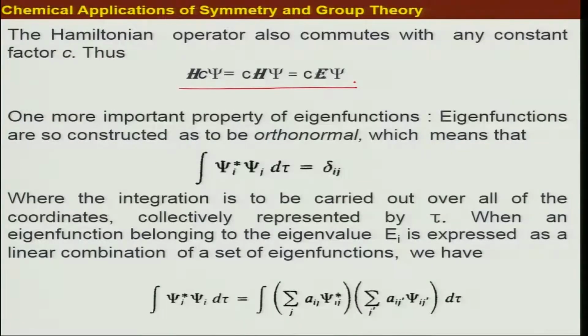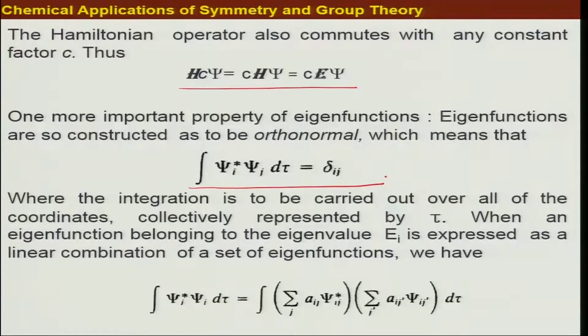Another important property of these eigenfunctions is that they are orthonormal. Okay. So, what do you understand by orthonormal? It means that two eigenfunctions, say psi i and psi j, are orthogonal to each other, and each of them is normalized. Okay. So, if I mathematically want to show that, it is shown here.